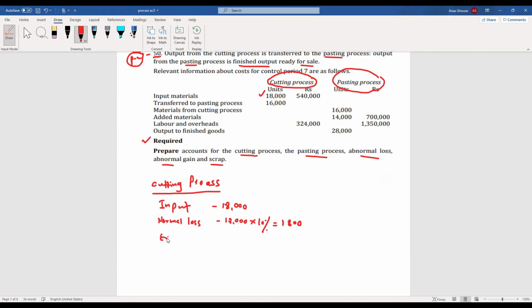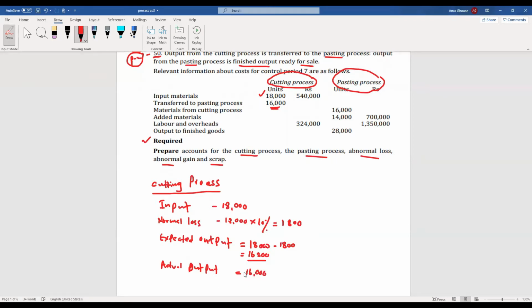What is our expected output? Our expected output will be 18,000 minus 1,800, the normal loss. So expected output is 16,200. Then you are given the actual output to the pasting process, which is 16,000.